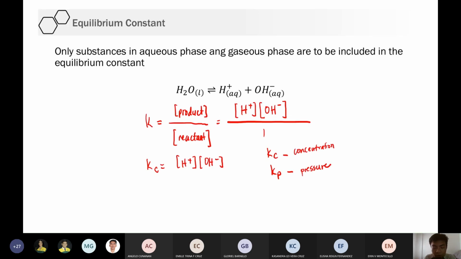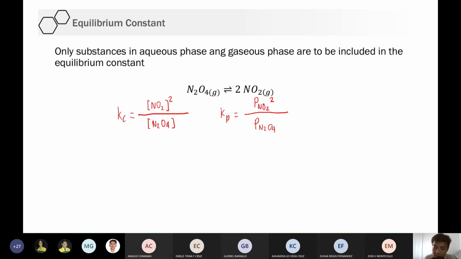For in writing equilibrium constant, we must not write liquids and solids. No? Hindi mo sila isusulat. No? Instead, you will write those who are in aqueous and the gaseous phase only. So kapag aqueous phase, you only have Kc. Pag gaseous phase, you have both Kc and Kp. So ano itsura ng Kc? May square bracket. Ano itsura ng Kp?